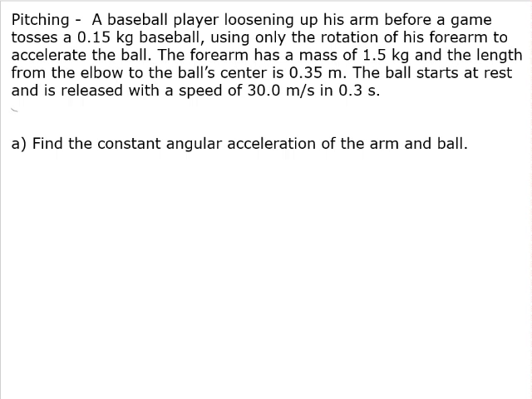Let's make a list of the variables that we have. First, the mass of the ball is 0.15 kilograms. Then we know the mass of the arm is 1.5 kilograms. The length of the arm is 0.35 meters.